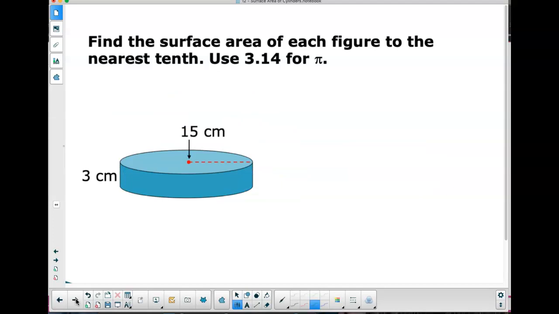Same thing. Use the formula first. So, it's 2 times pi times radius squared plus pi times diameter times height. Write that down and then fill everything in. And don't worry, you don't have to memorize the formula.